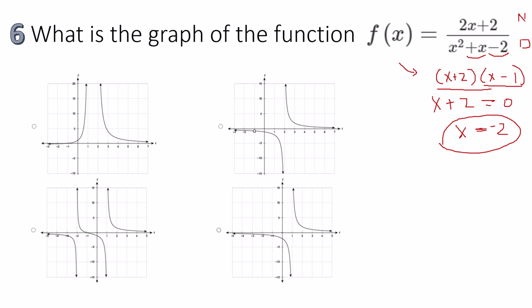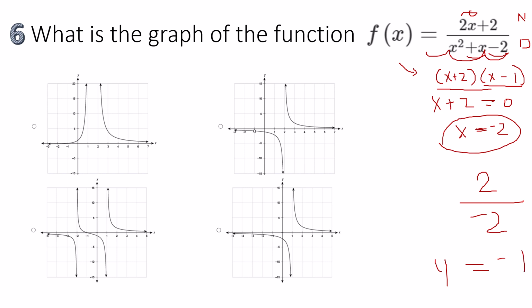If we put in a 0 for x, we get 0 times 2 is 0 plus 2 is positive 2. Put a 0 here and square it, we get 0 plus 0 is 0, minus 2 is negative 2. When we substitute 0 for x, that's where it crosses the y-axis. So y is going to equal negative 1.